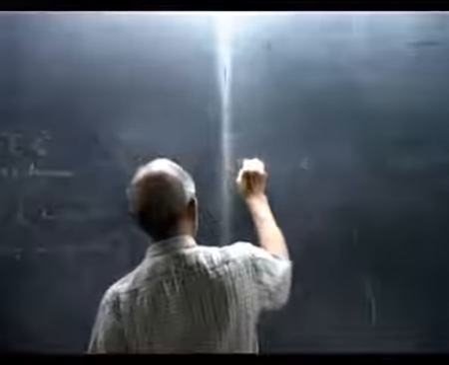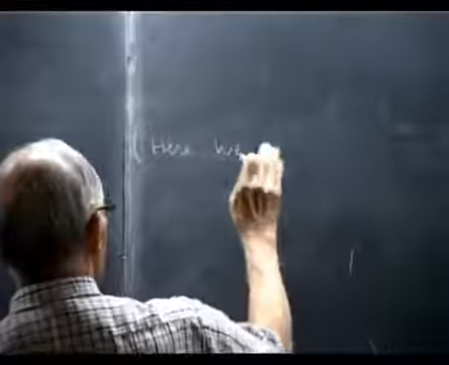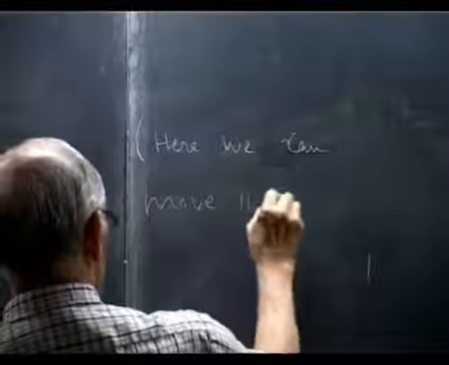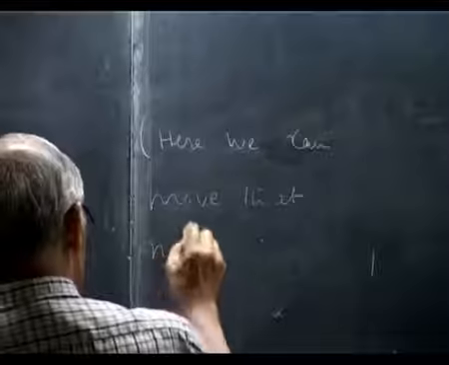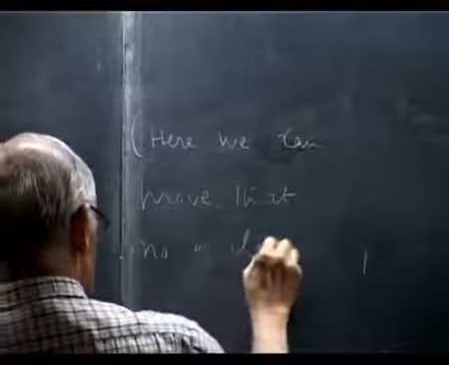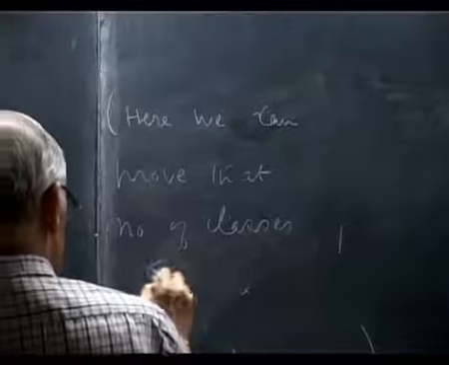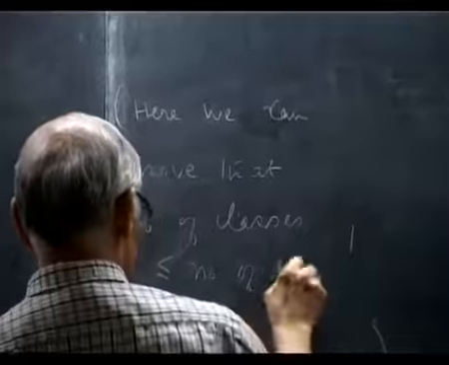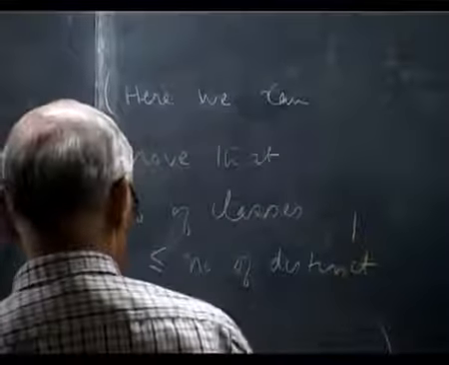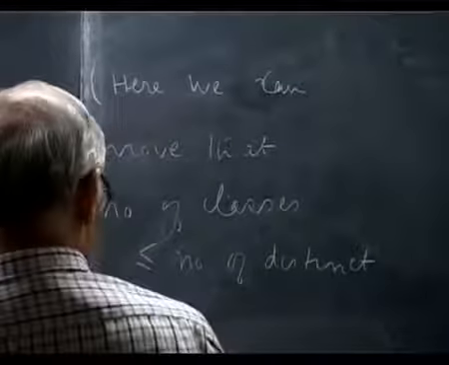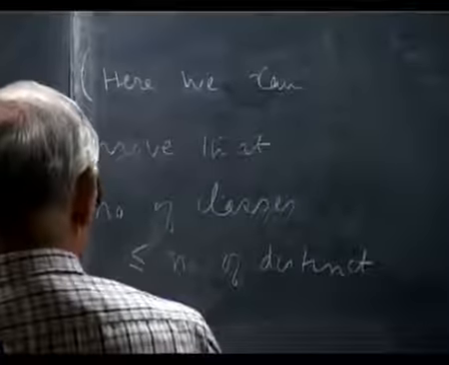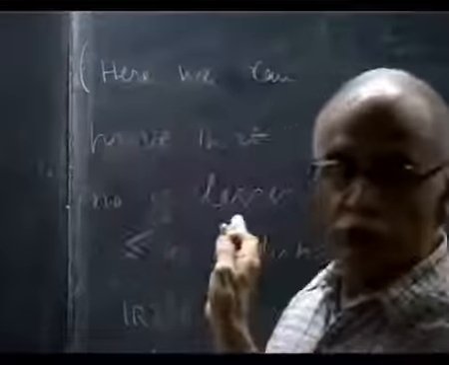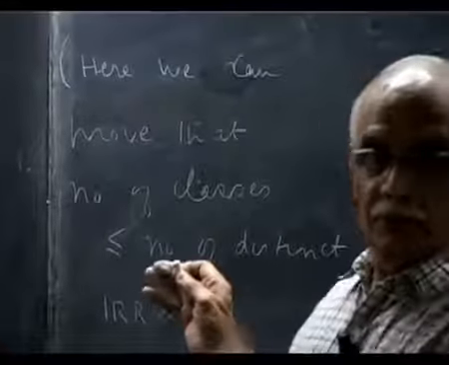Here we now have all the equipment to prove that the number of conjugacy classes is less than or equal to the number of distinct irreducible representations. This we never proved.